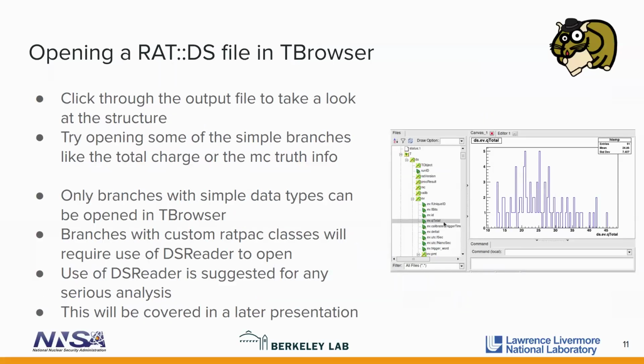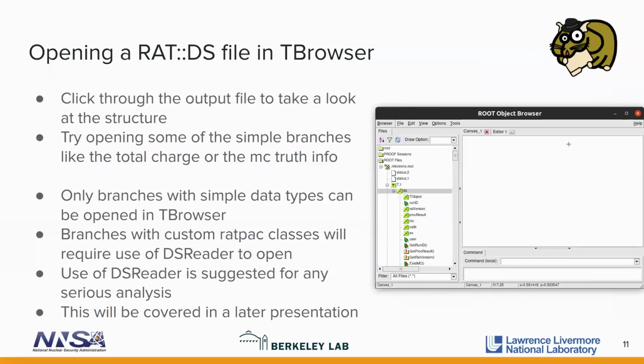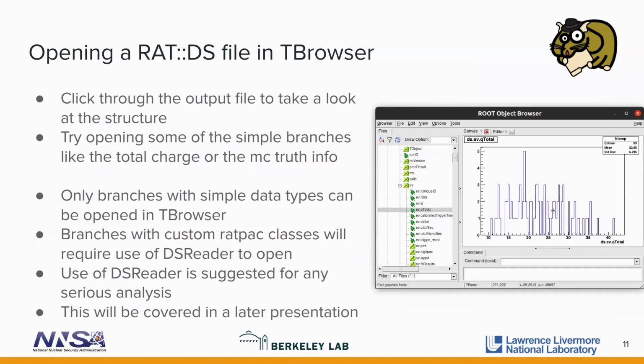This isn't how you should analyze things really. We'll talk about opening this in more detail in the next talk. But if you run this, you can open up and click on various branches to take a quick look at things like, for example, the total charge in each of your events.